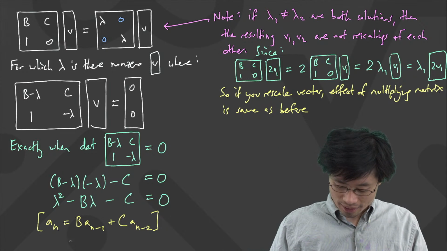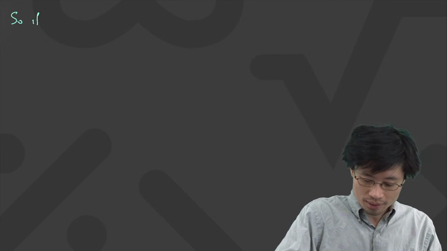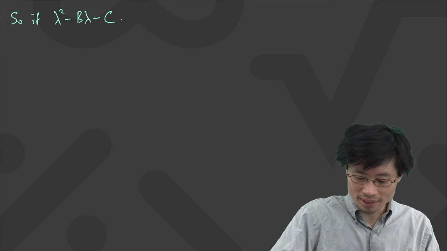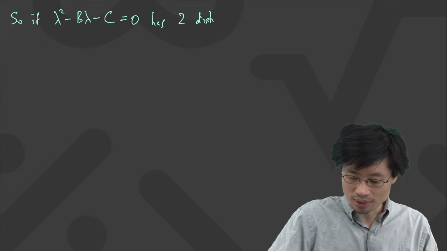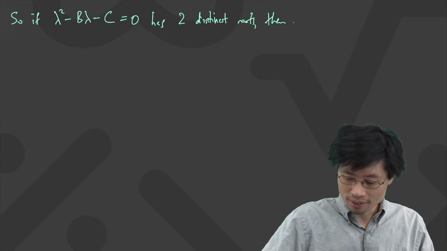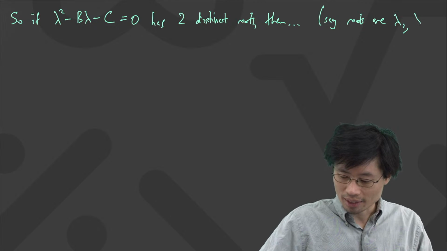So if lambda squared minus b lambda minus c equals 0 has two distinct roots, then, let's say the roots are lambda 1 and lambda 2.